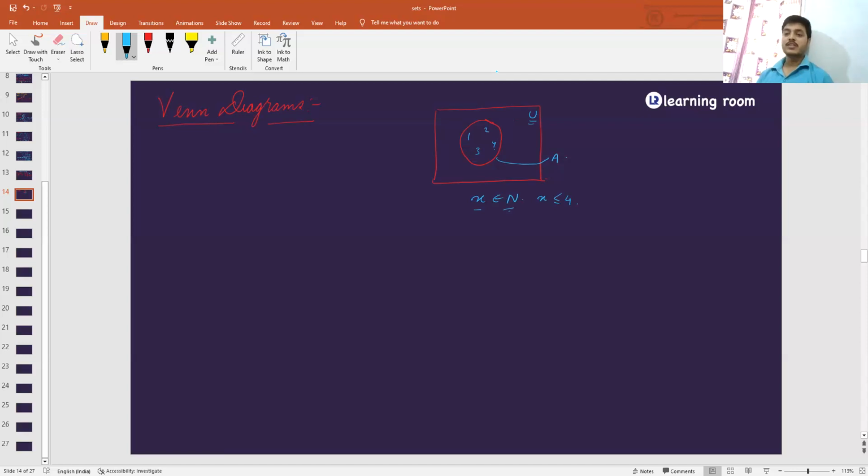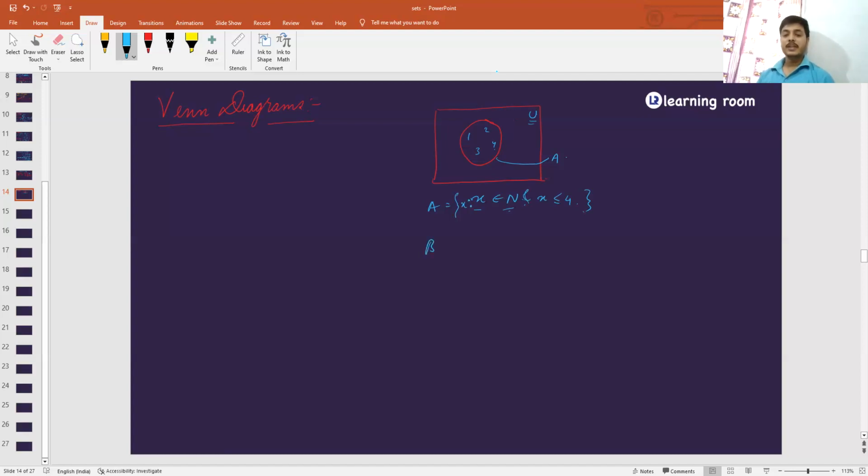Everything in the universe comes under the universal set. So in that universal set, we must have 1, 2, 3, 4 also, and that is contained by A. So this circle represents set A, which is X such that X belongs to N and X is less than or equal to 4. Right? So this is the set A.